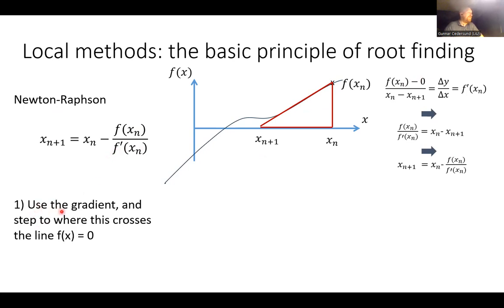So the principle is, to sum up, use the gradient or the derivative if you're here, and step to where that one would cross the line, where that one has f of x equals 0. And then when you're here, you are actually not at 0. So here you will actually have a function value that's not 0. Here you will have a new derivative, and then you would step in the same way in the direction of this new derivative.